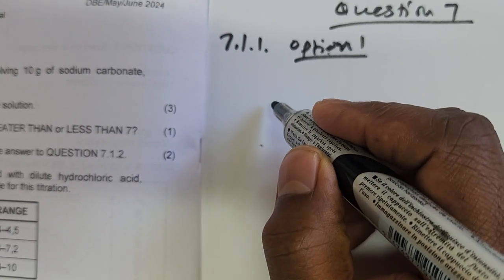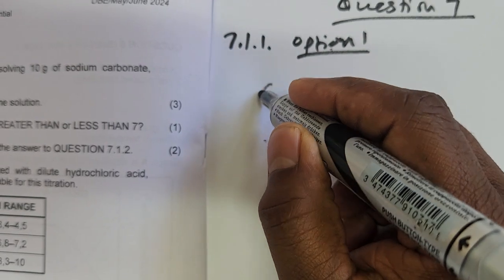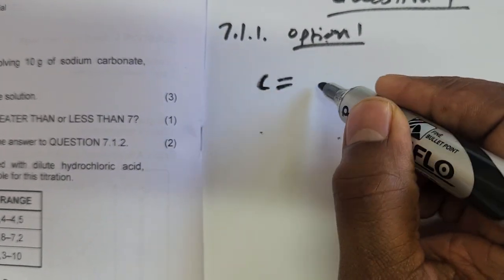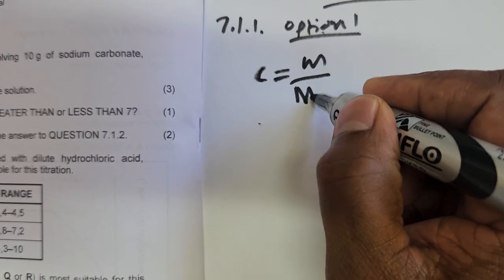I can combine the two to say C equals m over MV.